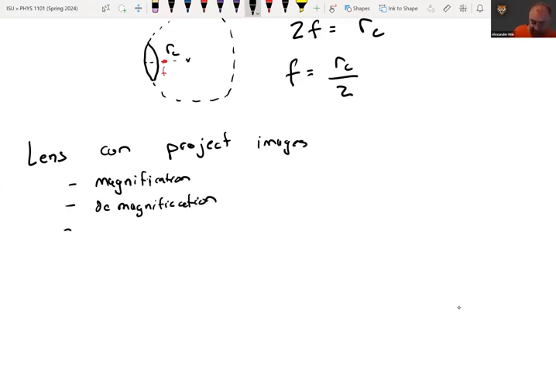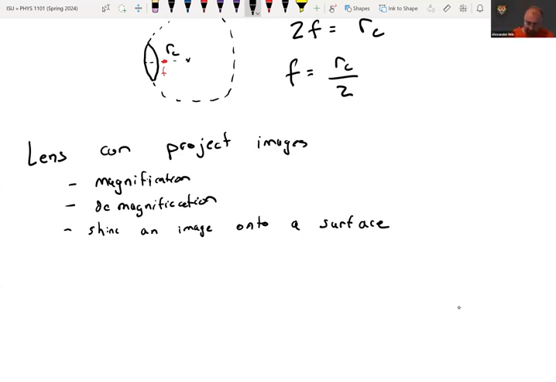Or it can be used to directly project an image, and when I say project an image, basically what I mean by that is shine an image onto a surface. Okay, so the main idea here is something like a camera, a movie projector. All of these things ultimately use lenses to project that image.